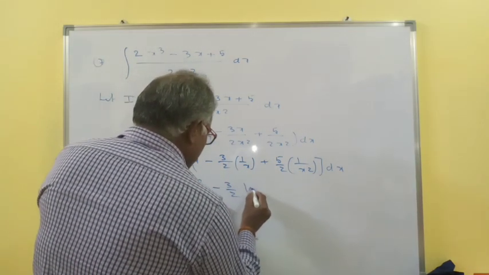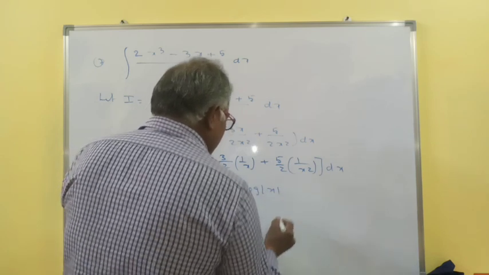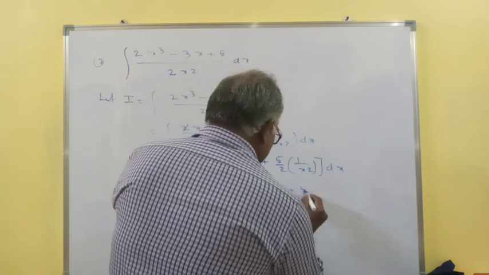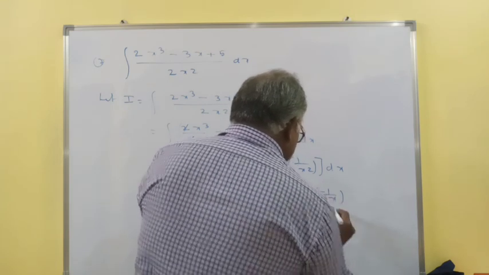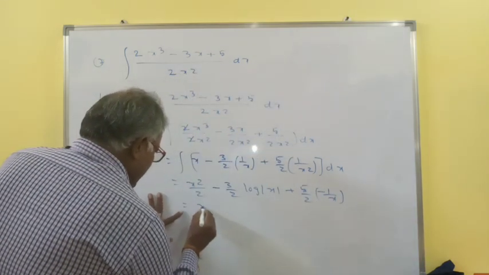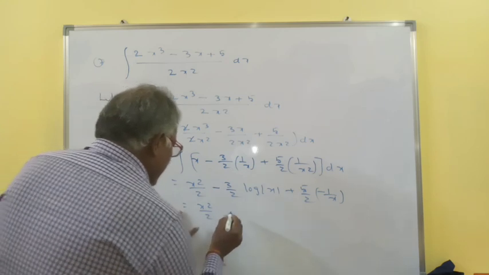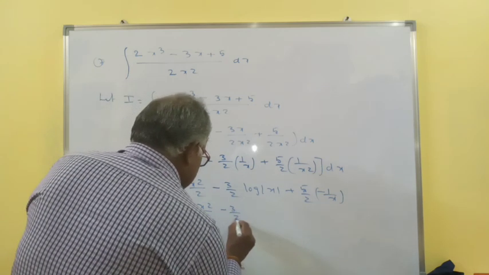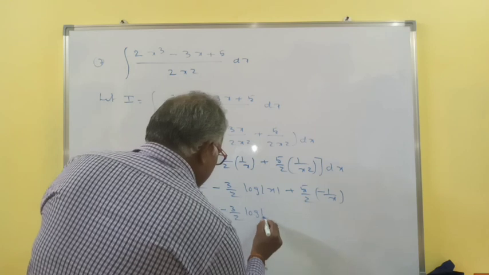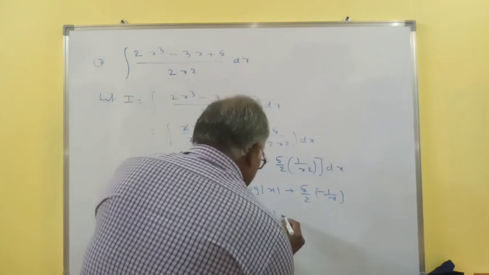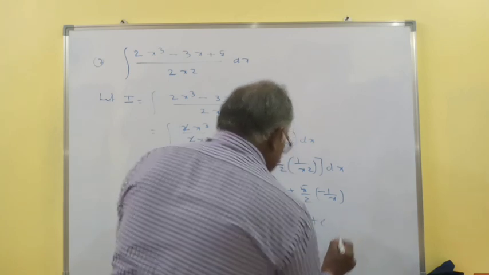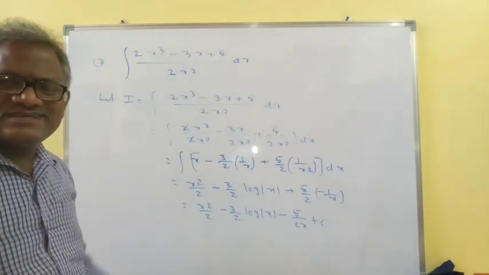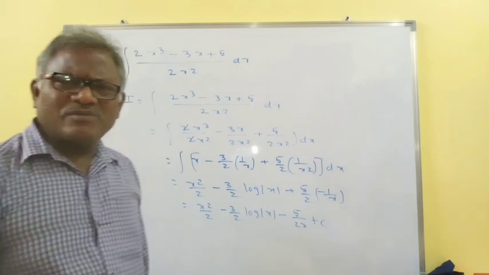For 1 by x square, the integral value is minus 1 by x. So finally the value is x square by 2 minus 3 by 2 into log of mod x minus 5 by 2x plus c. Here is the solution for the given problem.